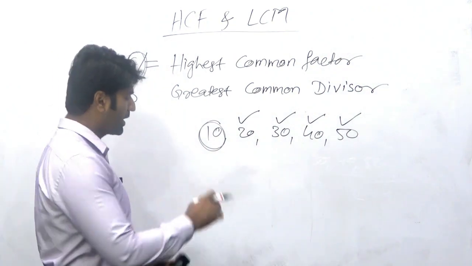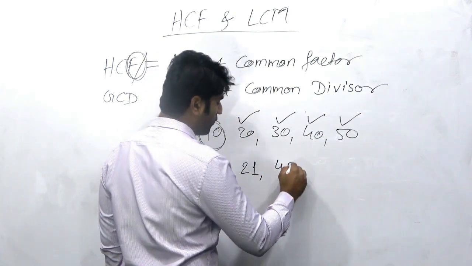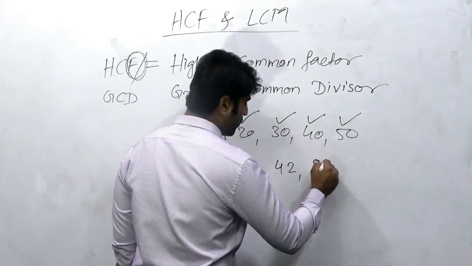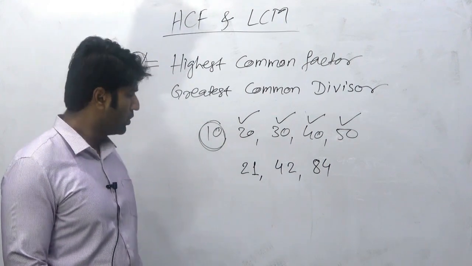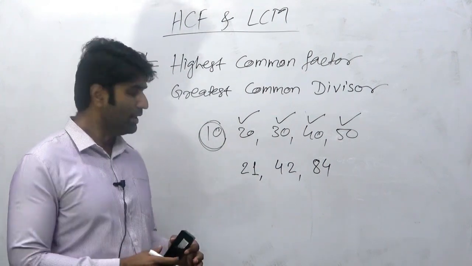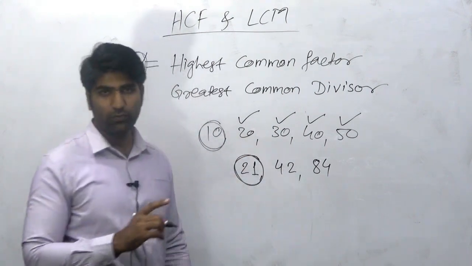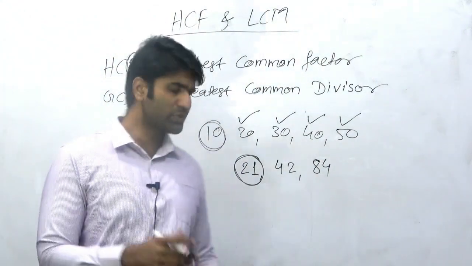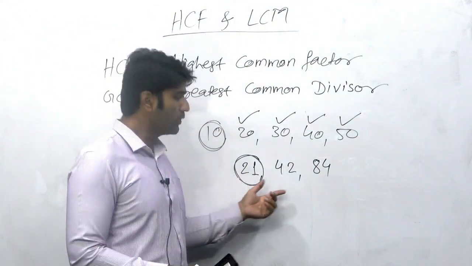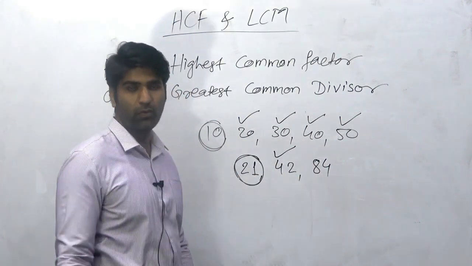Take another example. 21, 42 and 84. We also took this example. So what do we want to decide? We want to decide whether the smallest number of them can be the HCF of the given numbers. So let's check 21. Can 21 divide 42? Yes. Can 21 divide 84?